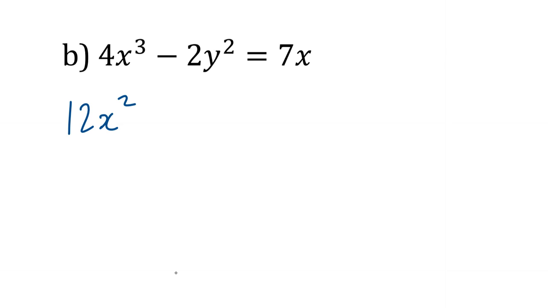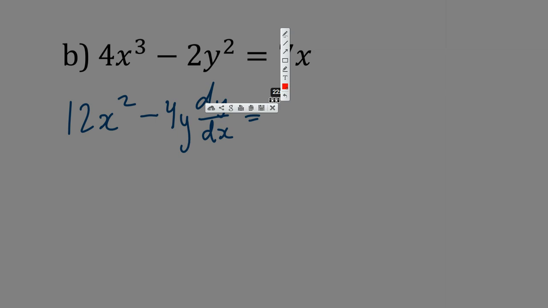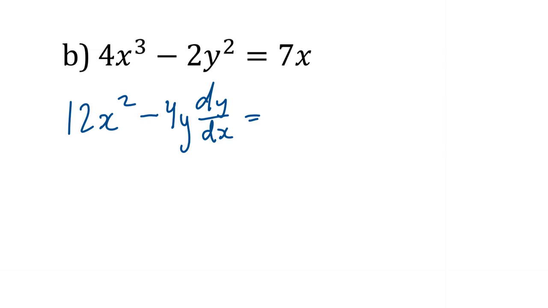The derivative of negative 2y squared, negative 4y, subtract 1 from the exponent, and then dy by dx. And the derivative of 7x is? 7. Okay, now we isolate for dy by dx.